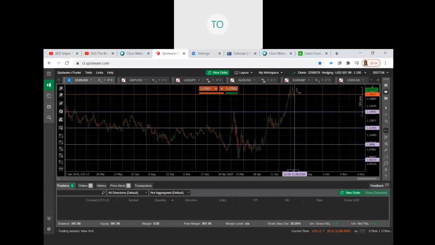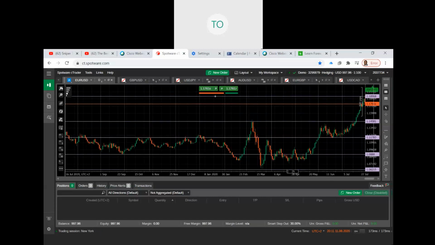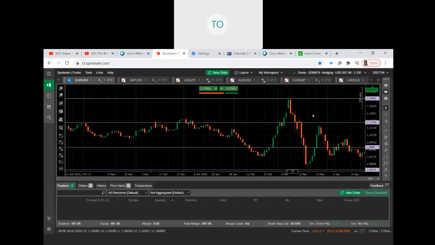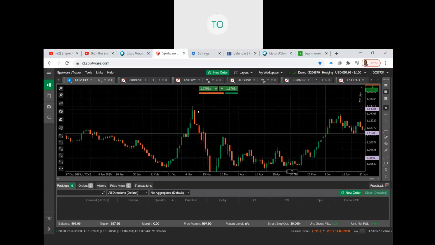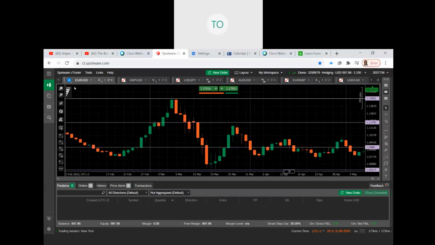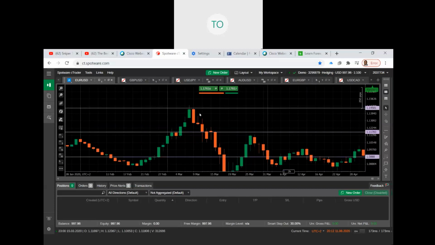Is it 100% perfect? No, it can't be perfect because everybody has a way of marking their support and resistance. But the general consensus normally is you mark the body of the candle, not the wick. What do I mean? If you look at this, right here, we're looking at the body there, not the wick.